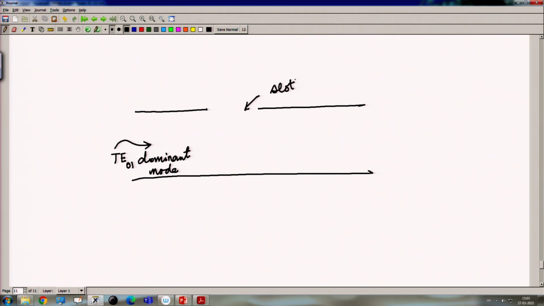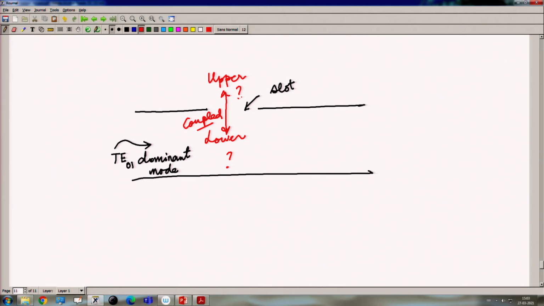Now, you see that these two problems, the upper problem which is the free space and the lower problem, are coupled through this slot. Across the slot, this problem is coupled. So, we cannot write down the fields in this region or in this region, because the two problems are coupled with each other.